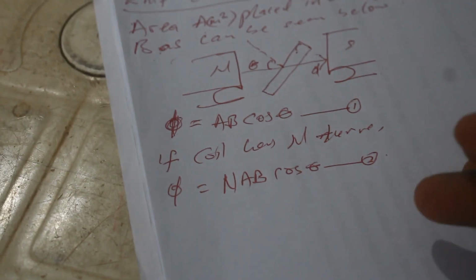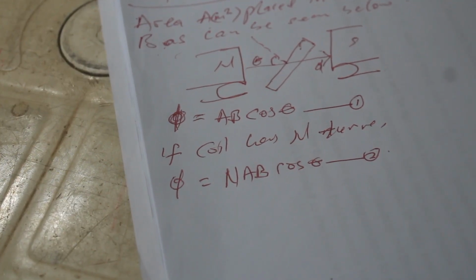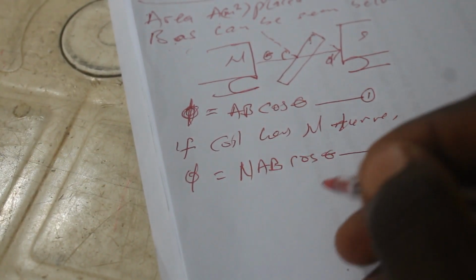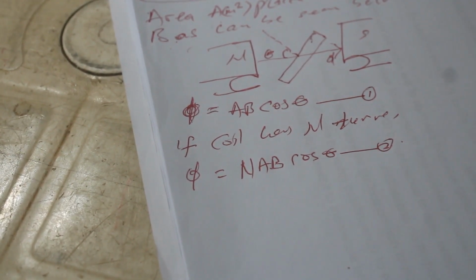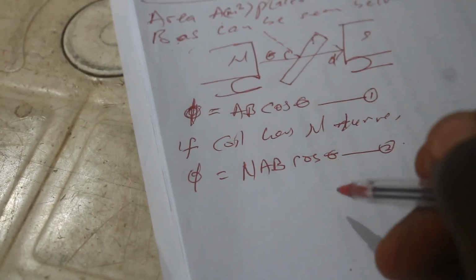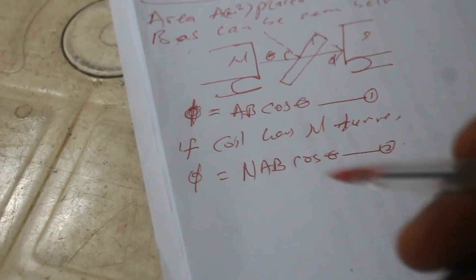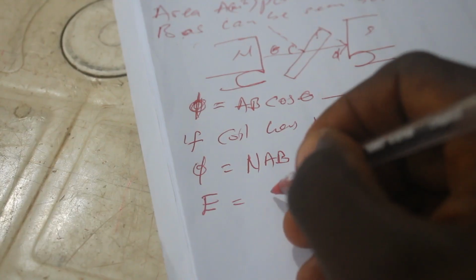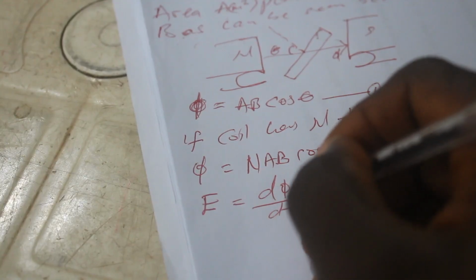Now, according to Faraday's law of electromagnetic induction, which states that the induced EMF in a conductor in a magnetic field is directly proportional to the time rate of change of the flux, E is equal to delta phi over delta t.